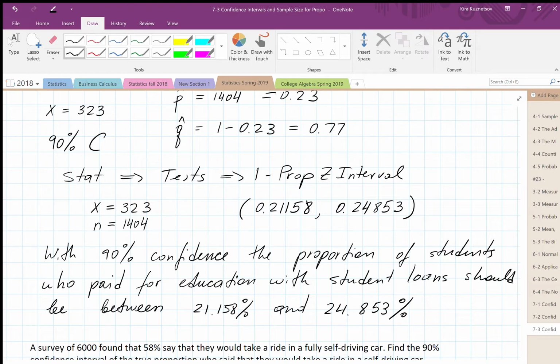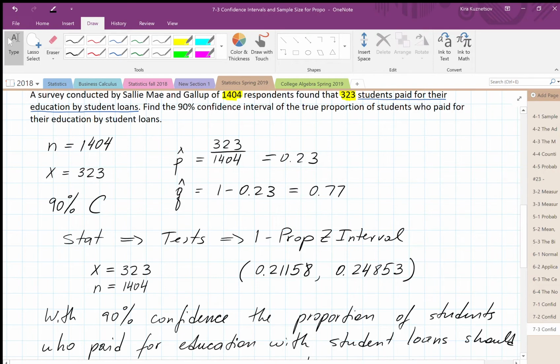Now, before I finish this example, there's one thing that we forgot to do. I need to go back at the very beginning. In order for you to do any of the problems in 7-3, you need to check two conditions. Take np-hat and nq-hat and make sure that it's greater than 5.